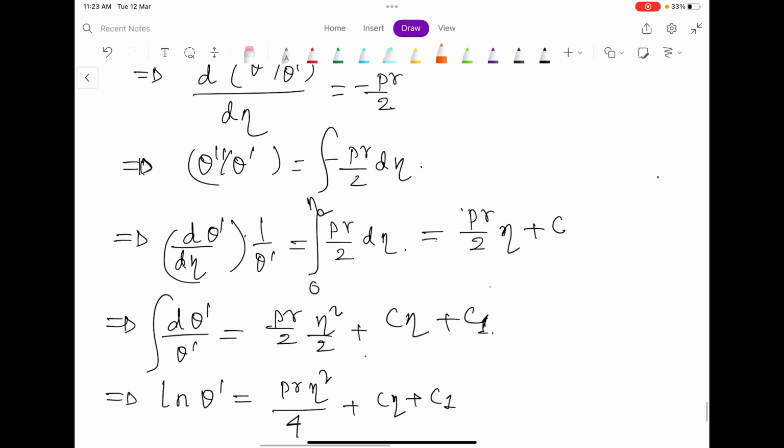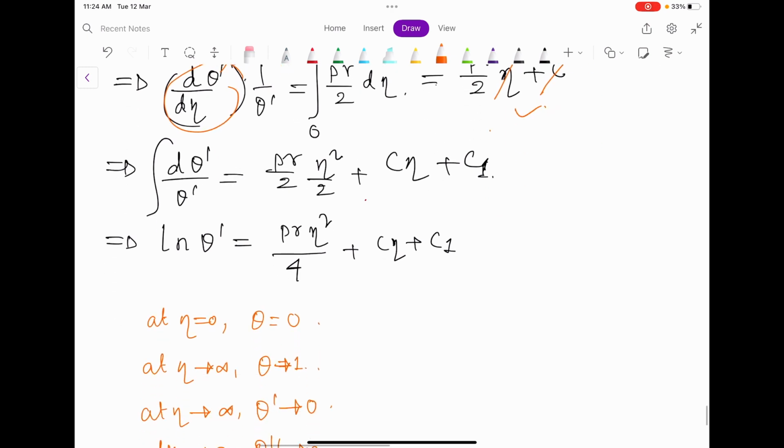And if you put this here, theta dash is finite at the wall, it cannot be 0, at least for this case. Now at eta equal to 0, theta double dash is also equal to 0. That means c is equal to 0.